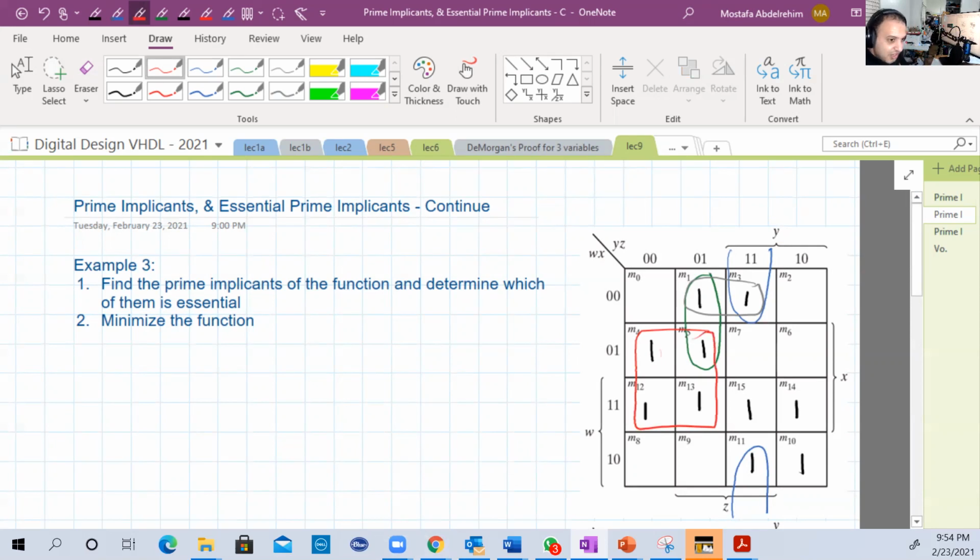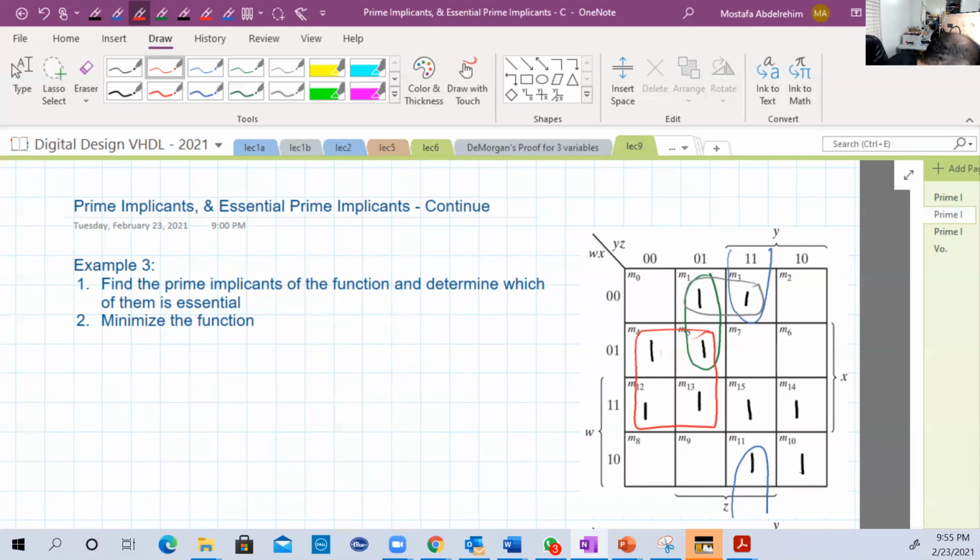And now we have a clue that the green prime implicant is not essential. And the gray also is not essential. And it's early to judge about the blue one. The second one in the second row is contained in the green and the red, and it cannot be contained with any other group. No other adjacent ones to it.